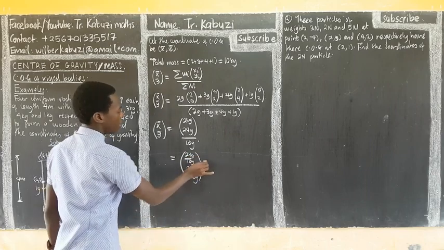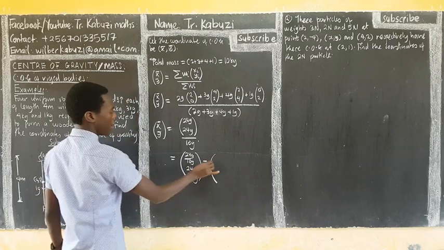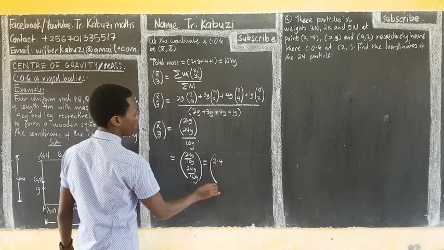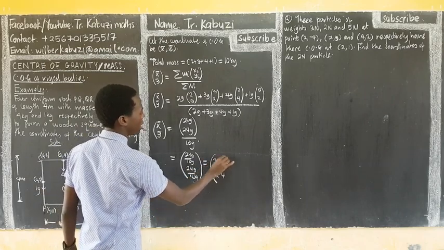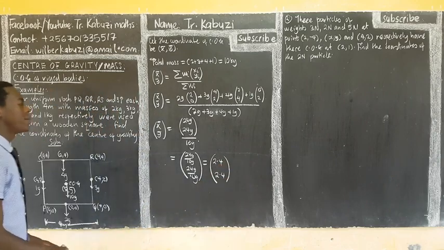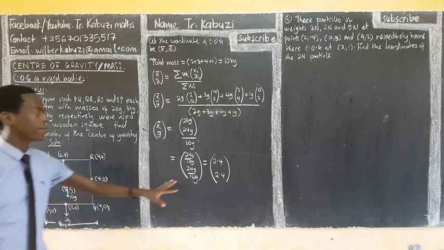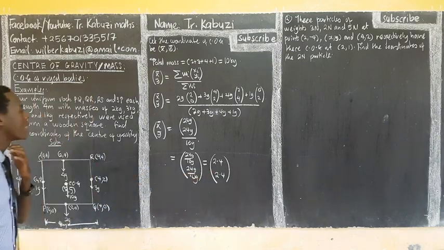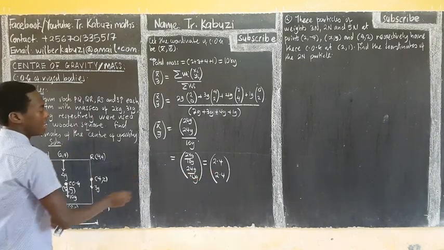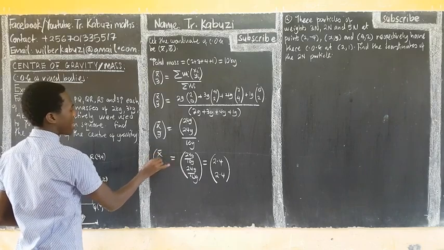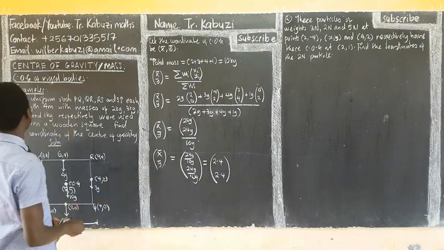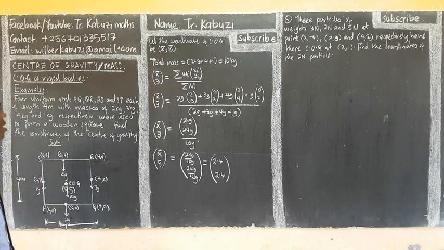And you see here, we shall get 2.4, then 2.4. Of course, it has to be the same because this is a square. The coordinates have to be the same for a square. That's the fact. So these are our x bar, y bar. They want us to find the coordinates.